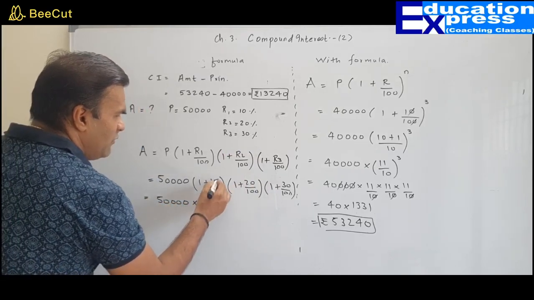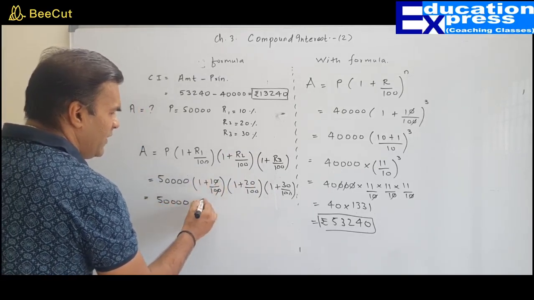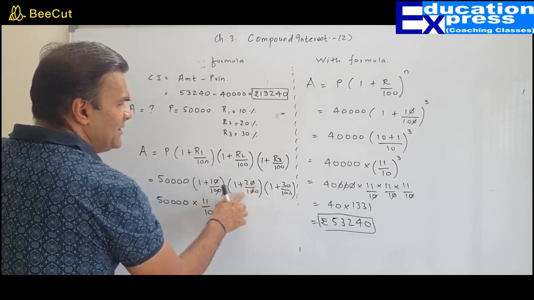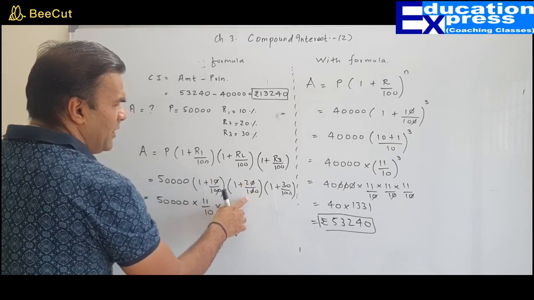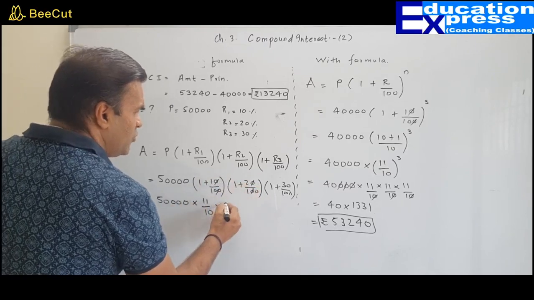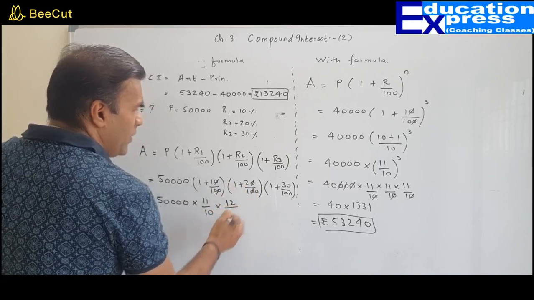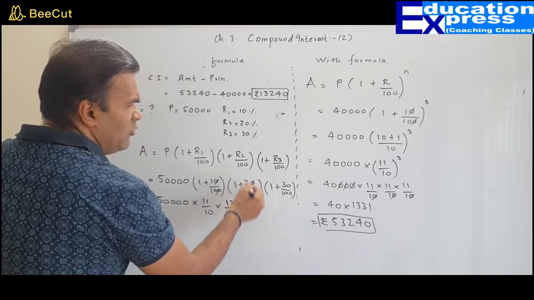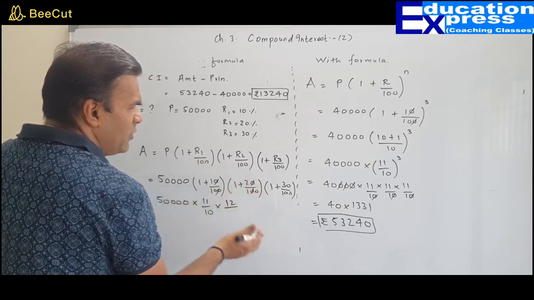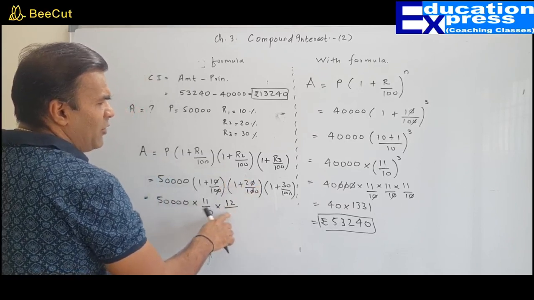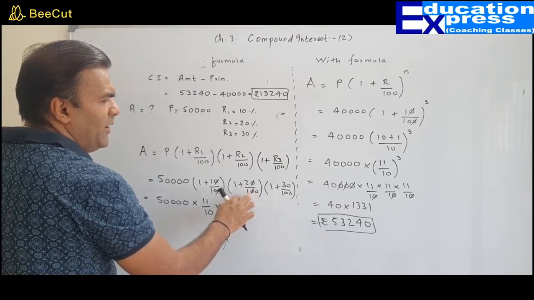The calculation would be 10 plus 1, 11 upon 10, multiplied by, 0 cancels. Basically, 10 plus 2, so it will be 12 upon 10. You can further cancel also. If you wish, you can do 1s and 2s, or 1s and 5s also. But I would keep it 10 only, because it is very easy for us to keep the denominator 10.